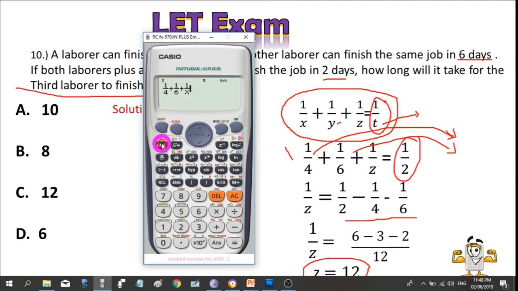So equals 1 half. So shift solve equals, so the answer is 12. So the same answer. So letter C.